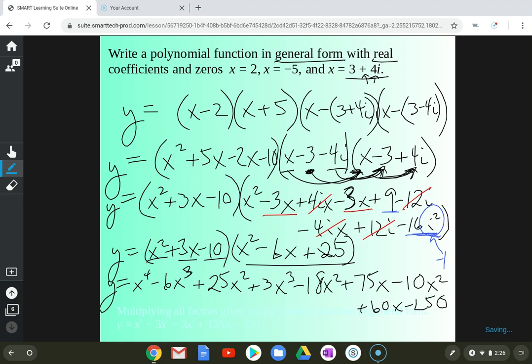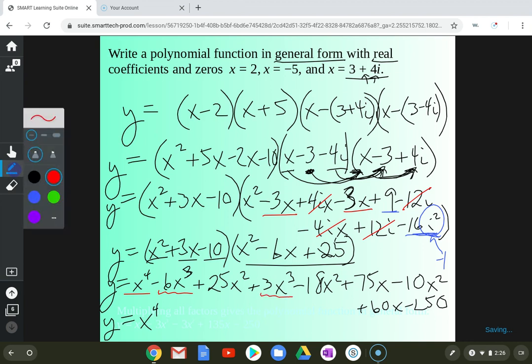So our final answer is x to the 4th. I'm going to kind of cross off as I go. X to the 4th. So now minus 6x cubed plus 3x cubed is minus 3x cubed.